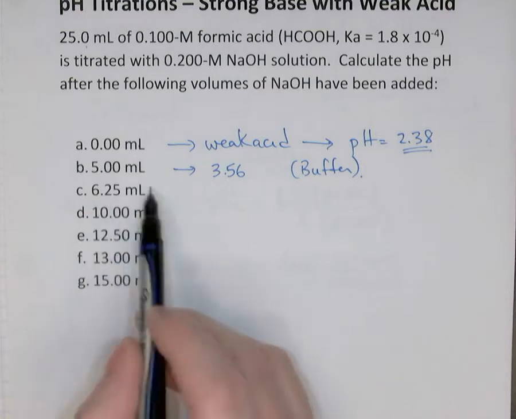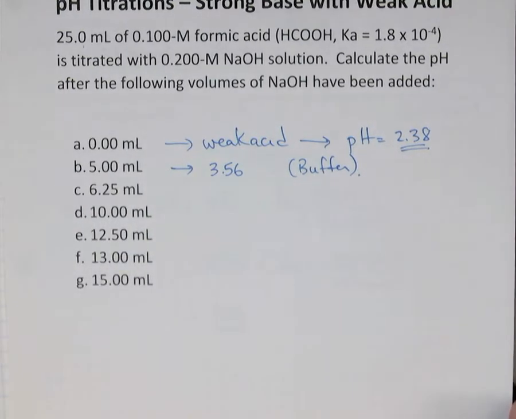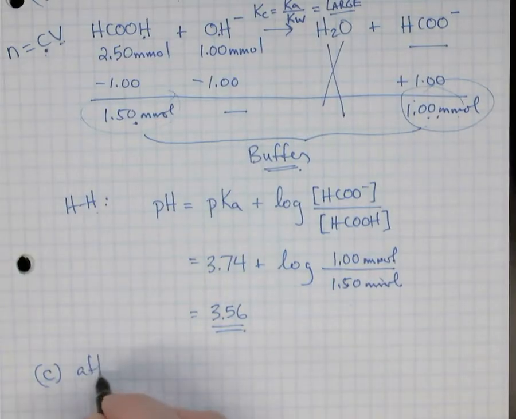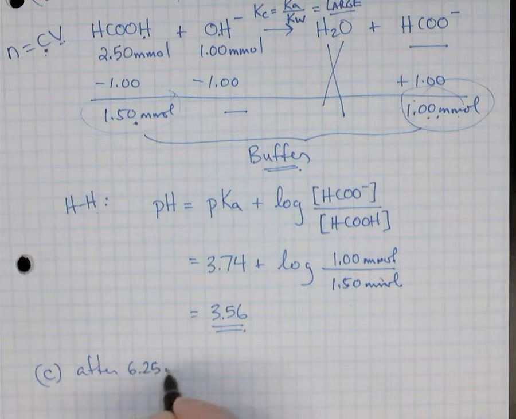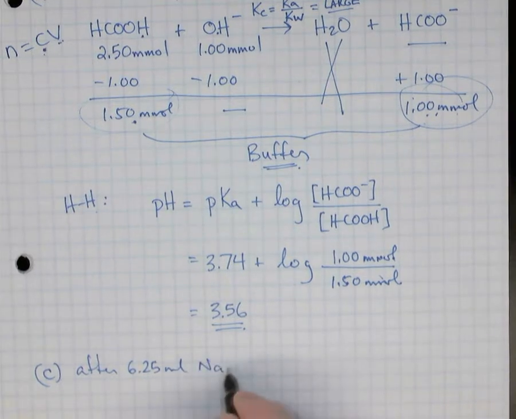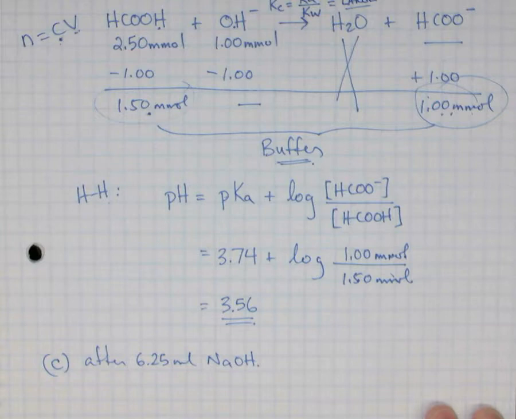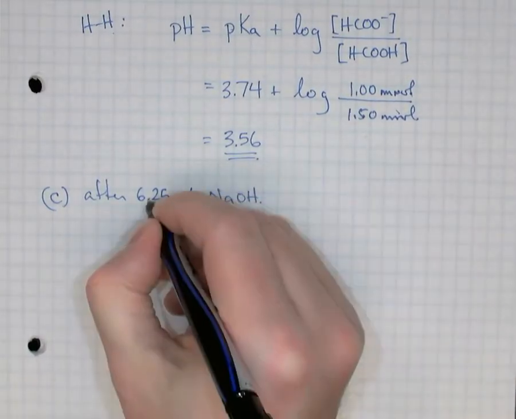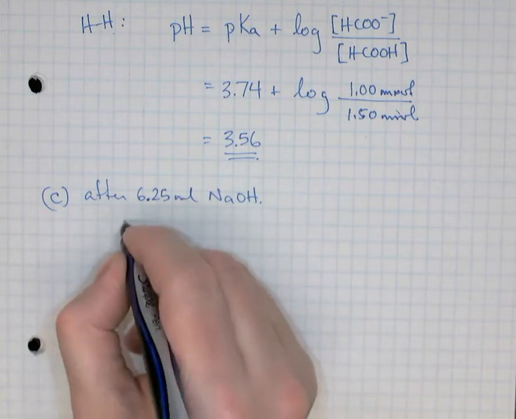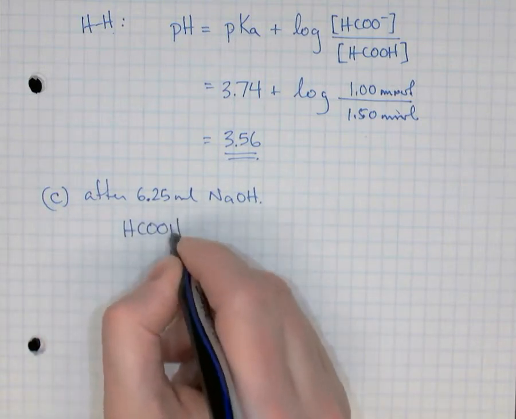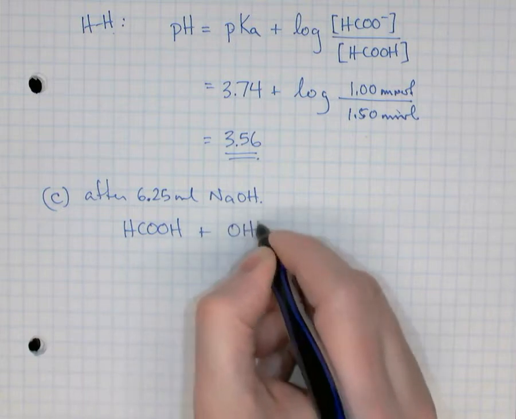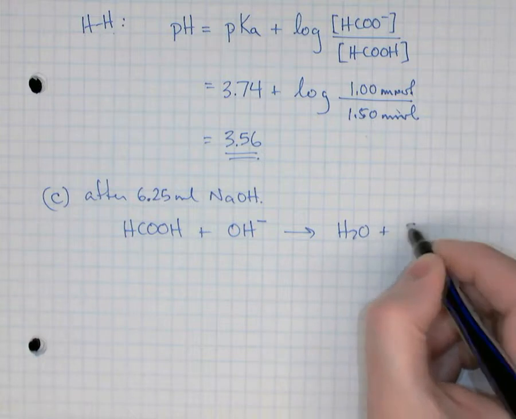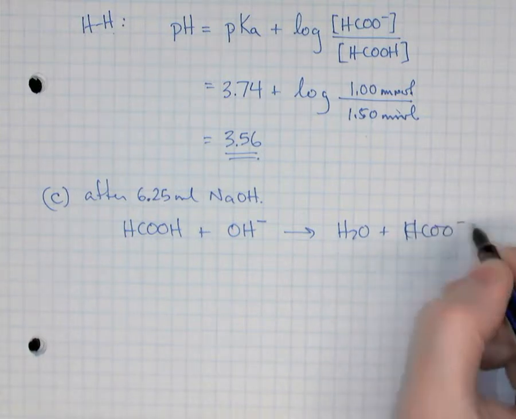Now let's keep titrating, where 6.25 milliliters of base have been added. So after 6.25 mLs of NaOH. Now that's not a randomly selected number, as you'll see in a minute. That number is carefully chosen here. The reaction again, the neutralization reaction, the weak acid reacts with the strong base, hydroxide, to produce water and conjugate base, HCOO-.